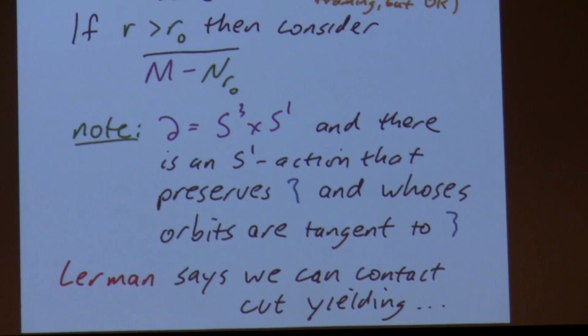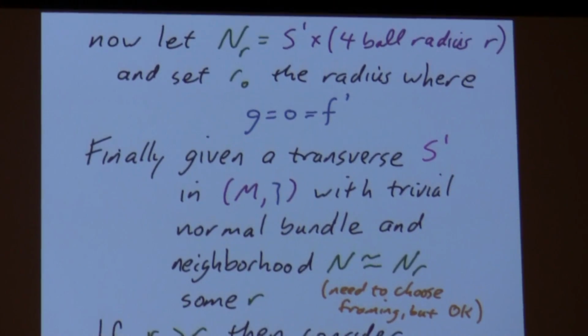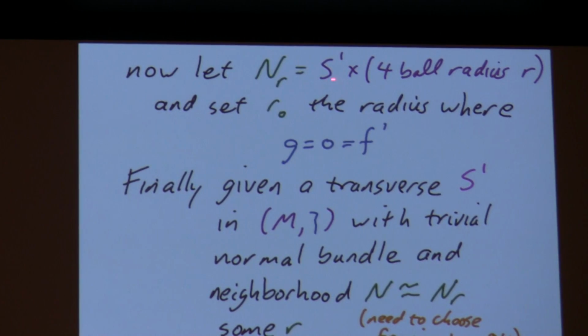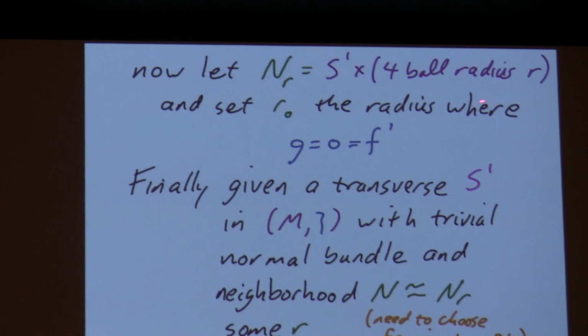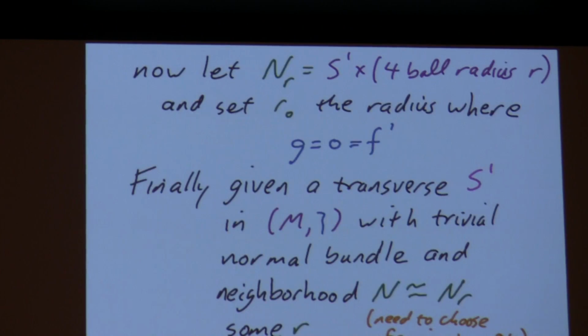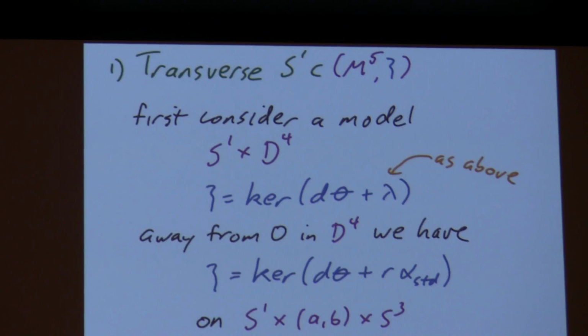So now what do we do? Well, given any S1, oh, sorry, we're still looking at the local model. I'm going to call N sub r just S1 cross the 4-ball of radius r in the thing I just constructed. And let r naught be the place where g is 0 and where f prime is 0.